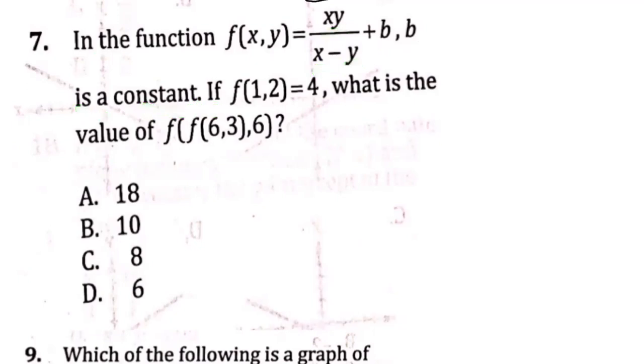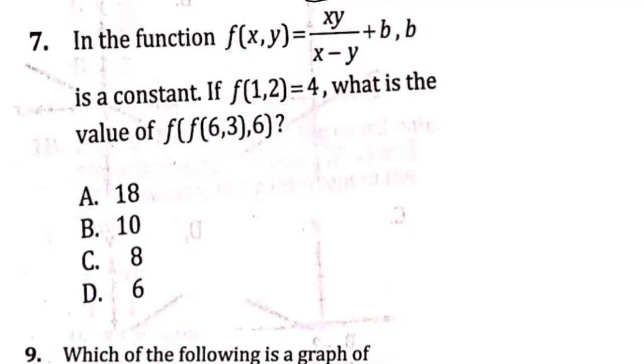If f of 1 comma 2 is equal to 4, what is the value of f of 3 comma 6? We have to solve for b first using this. Once we solve for b, we get our x value, and then we plug it in to the whole thing here.